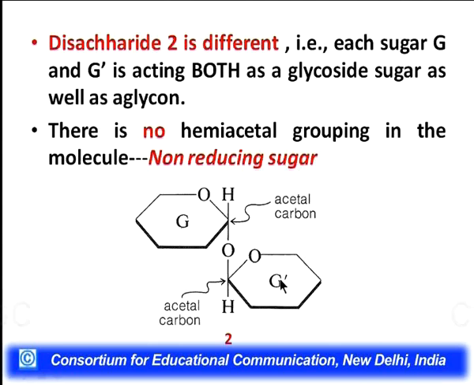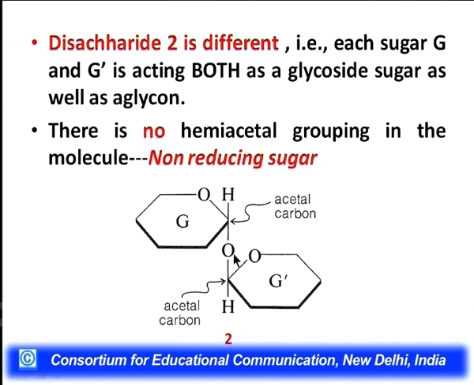If I talk of this as a glycon, then this part is the aglycon for this disaccharide. The reason is that the bond formation is taking place between the two anomeric OH groups. That is, this anomeric OH of this monosaccharide is involved in the glycoside formation, as well as this one.